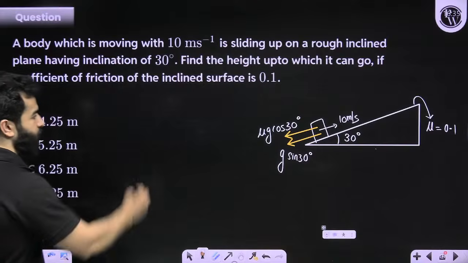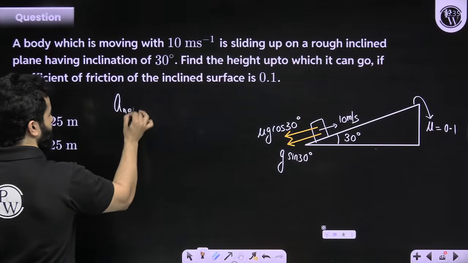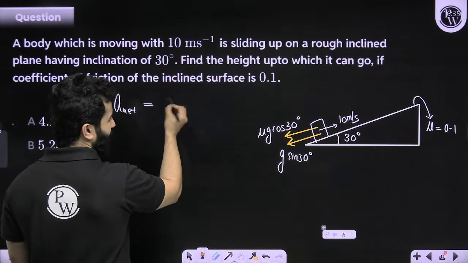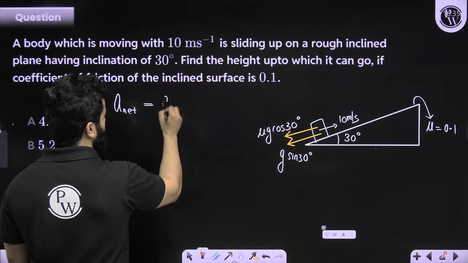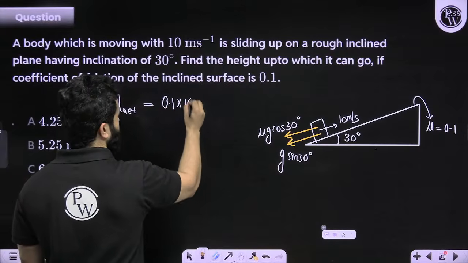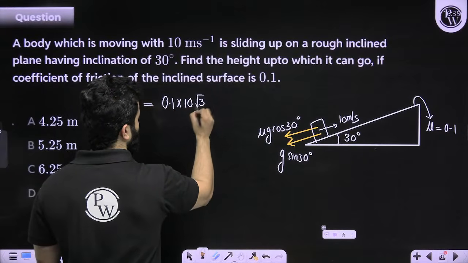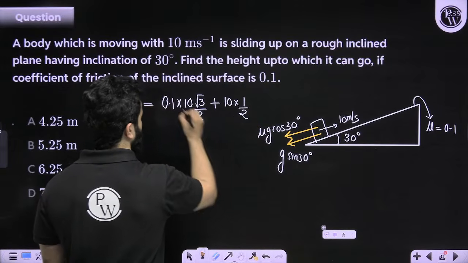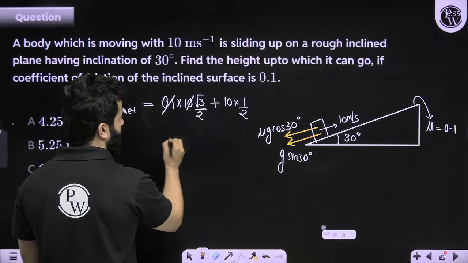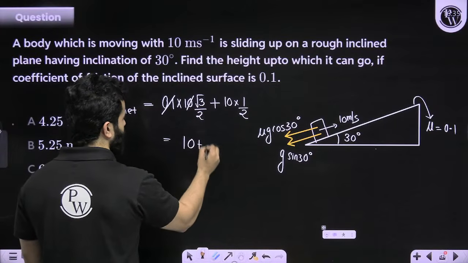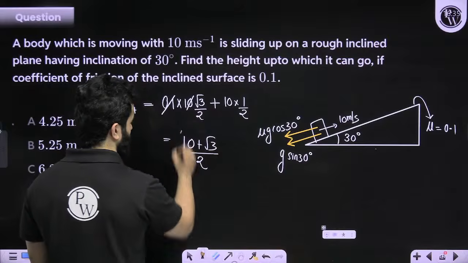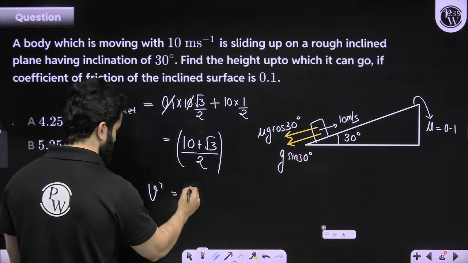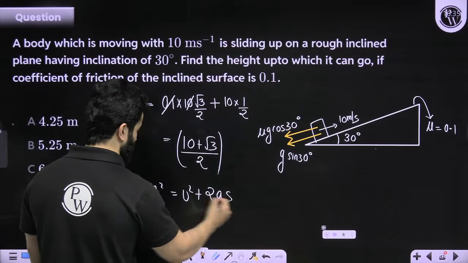Is that correct, friends? That means the net acceleration will be, taking g common, 0.1 times 10 times root 3 by 2 plus 10 times 1 by 2. Then you can use v square equals u square plus 2a into s.